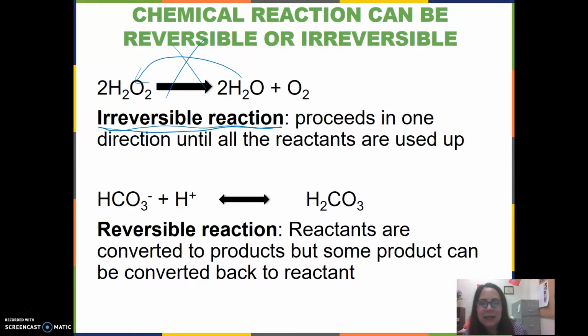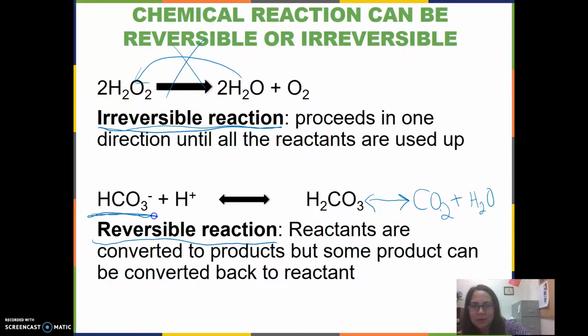But there are reactions that are reversible. This is a very common example of a reaction that happens in the human body. In fact, the entire reaction is not shown here, and I'd like it better if it was. So I'm going to show you the whole picture here. Okay, so in the human body, there's an ion called bicarbonate, which has a negative charge.